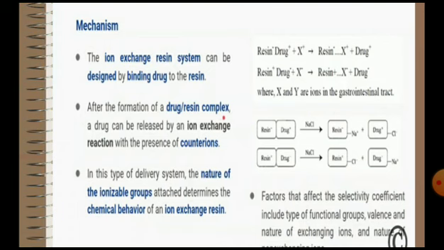So the drug will be displaced by the sodium ion. After this ion exchange reaction, we get the resin and sodium complex, and the drug is left as a free molecule and will start to release.